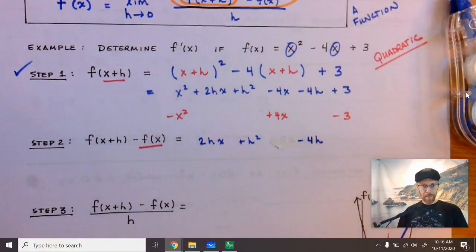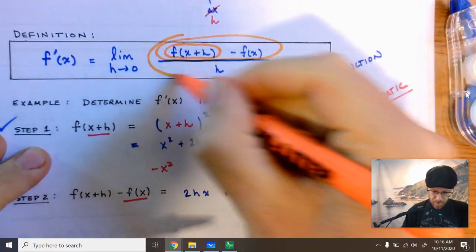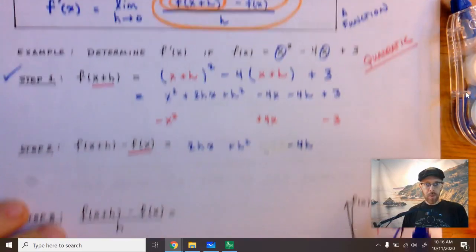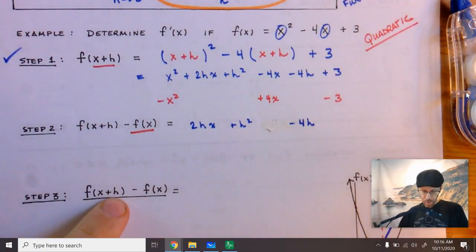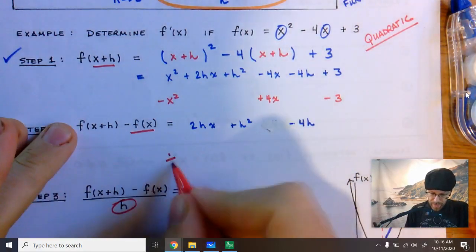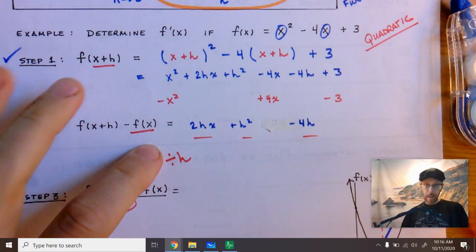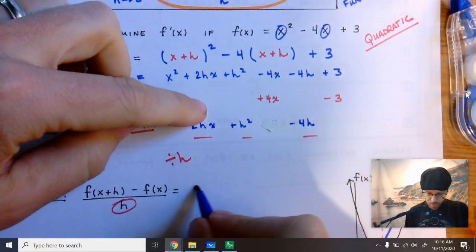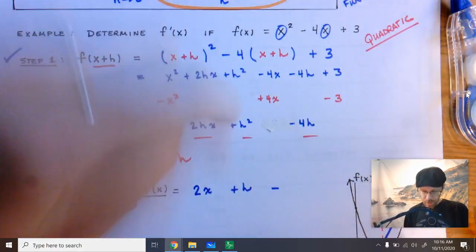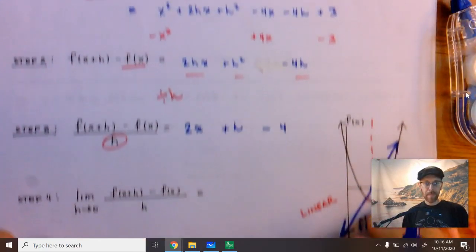All right, next step. We want the entire fraction. So we're going to take what we have and we're going to divide it by h. So we take this term, and this term, we divide by h. That drops the power on h for each term. So we have 2x plus h minus 4.